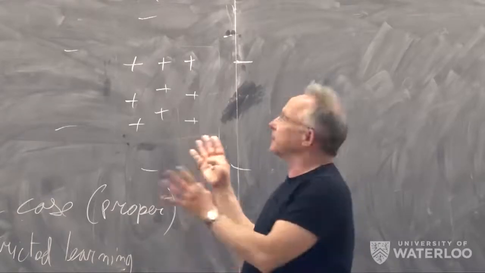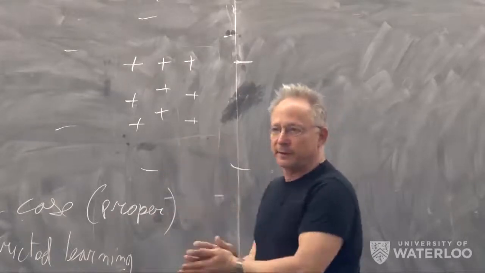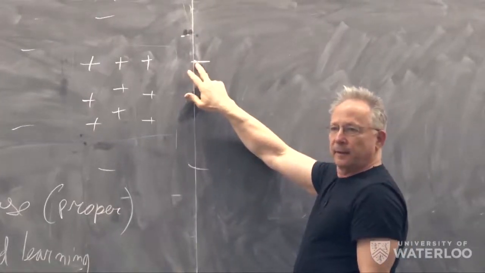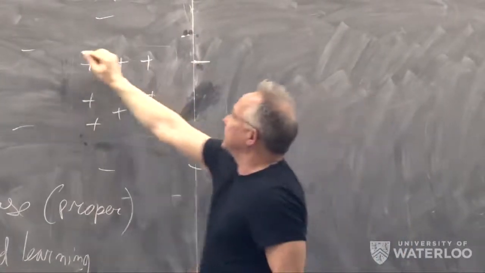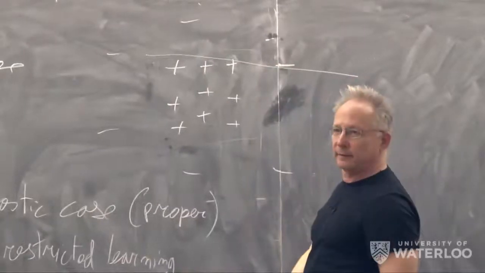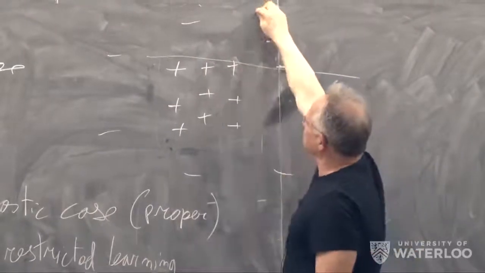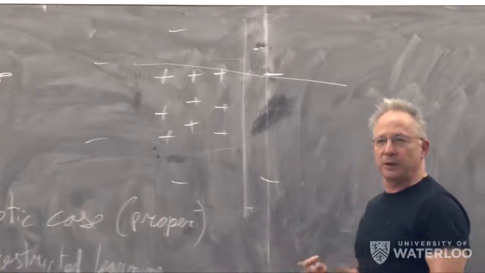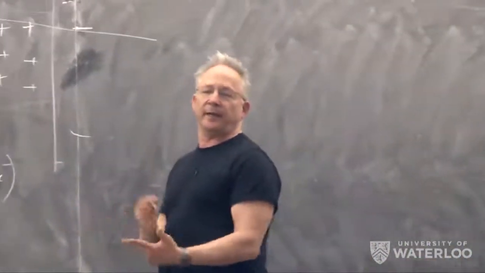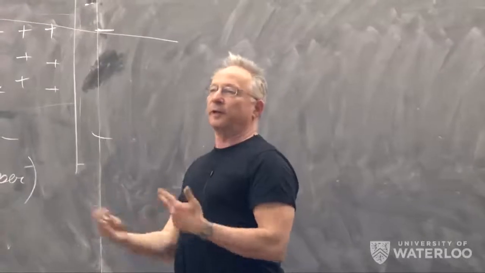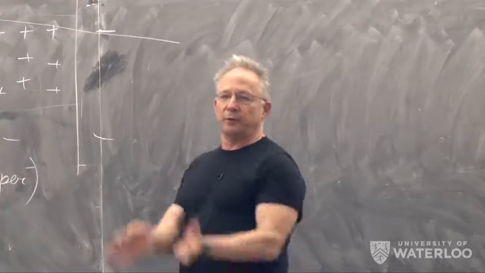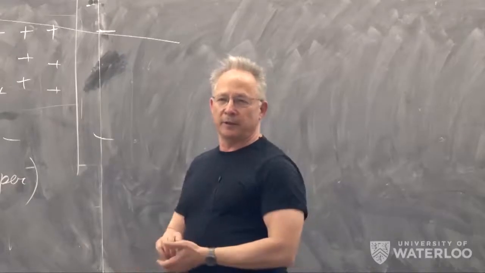In R2, it's not very difficult to check all possibilities. But in higher dimension, when I see a minus, it could be that this is a minus because I needed to put this line here, and it could be that this is a minus because I needed to put the line here. And when it's a high dimension, making those choices becomes combinatorially very complicated. I have to go over all possibilities, which forces me into exponential indeed.